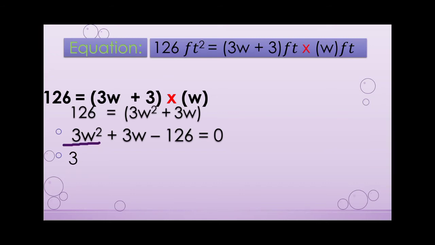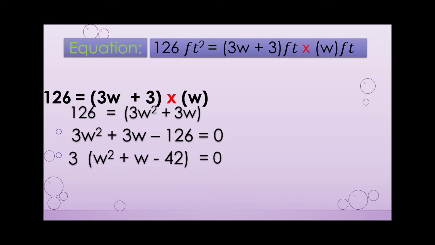So 3W squared divided by 3 is equal to W squared. 3W by 3 is W, and negative 126 divided by 3 is equal to negative 42. Then, this is equal to 0. Then now, let us factor W squared plus W minus 42.